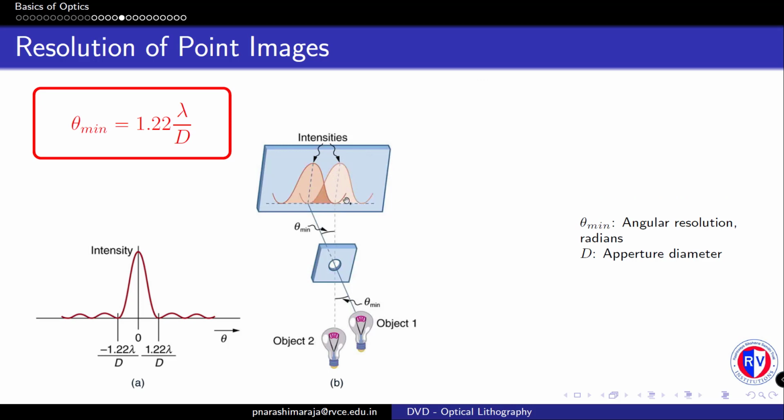So in both cases, the center of this pattern exactly lies on the first minimum of this particular intensity pattern, and similarly the center of this intensity pattern exactly overlaps on the first minimum of the intensity pattern of the other one. We know from the intensity pattern of a single light source that the first minimum occurs at an angle equal to 1.22 times the wavelength of the light divided by the diameter of the circular slit.